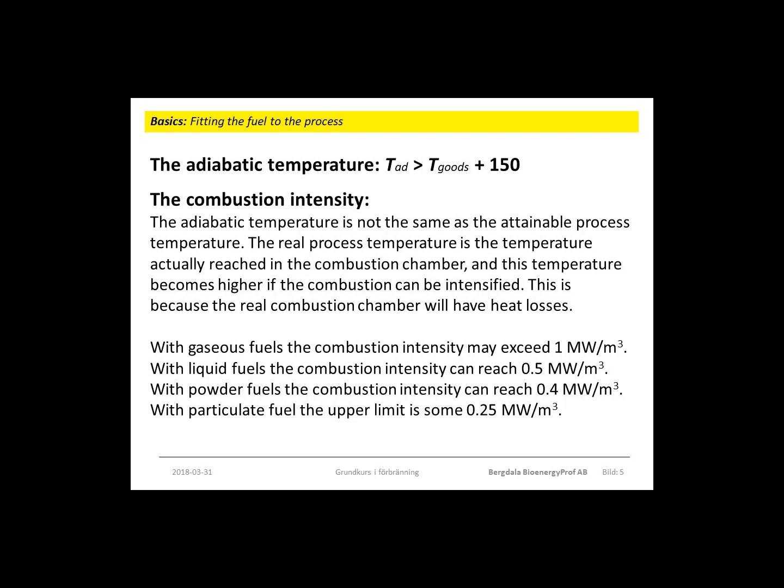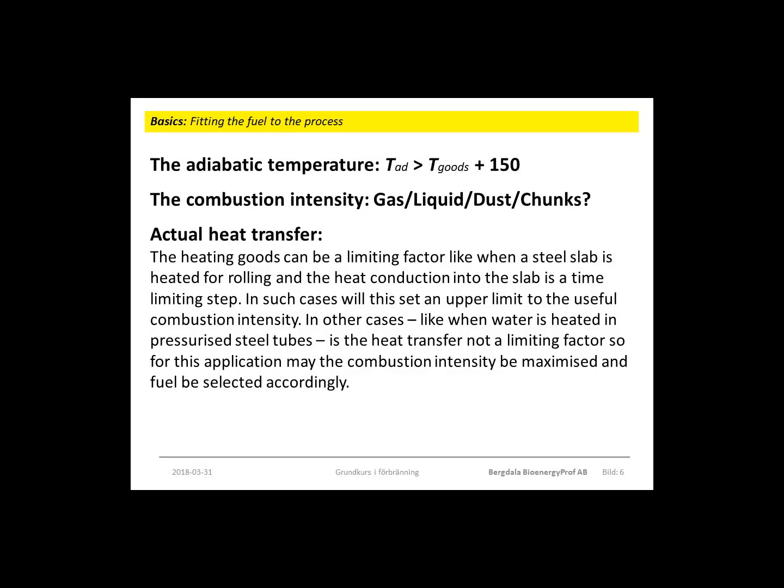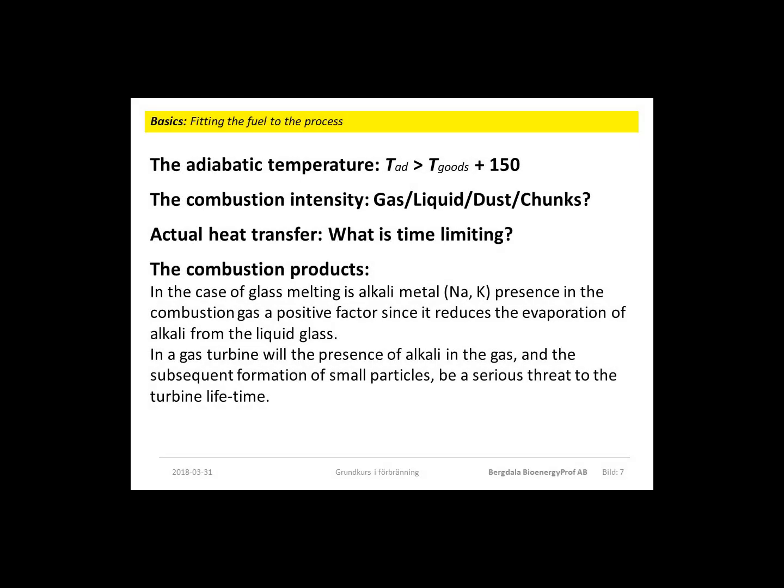This is usually quantified in watts per cubic meter and is a strong function of the firing technology. A third crucial parameter is the attainable heat transfer to the load. This can be limited by the properties of the heating goods itself, by the geometry of the firing chamber, and, at least to some extent, by fuel properties.